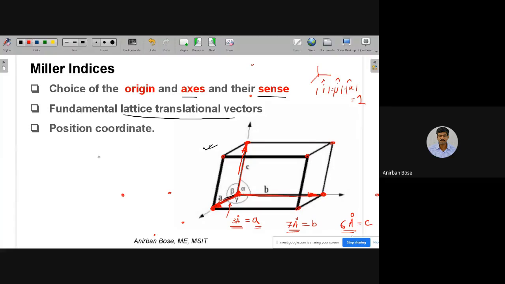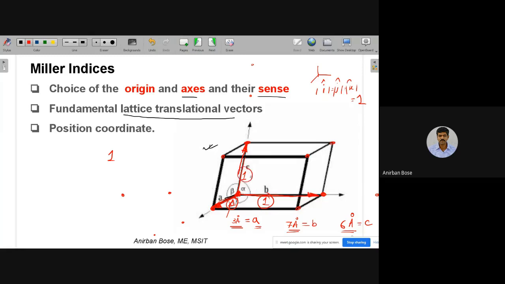Okay, so you see the unit vectors by which we are representing along A, along B, along C. Remember, we will represent each of these lengths by 1. But remember, these are actually different.